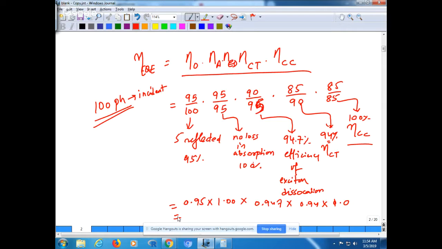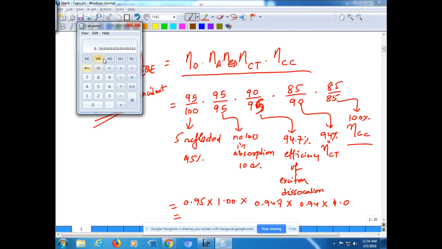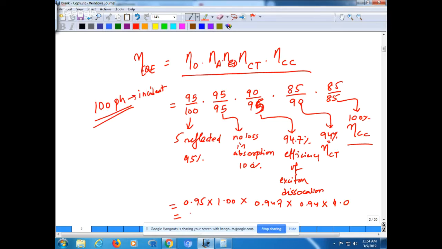So if you multiply all of this together, 0.95 into 1 into 0.947 into 0.94, this is equal to 84.5%.